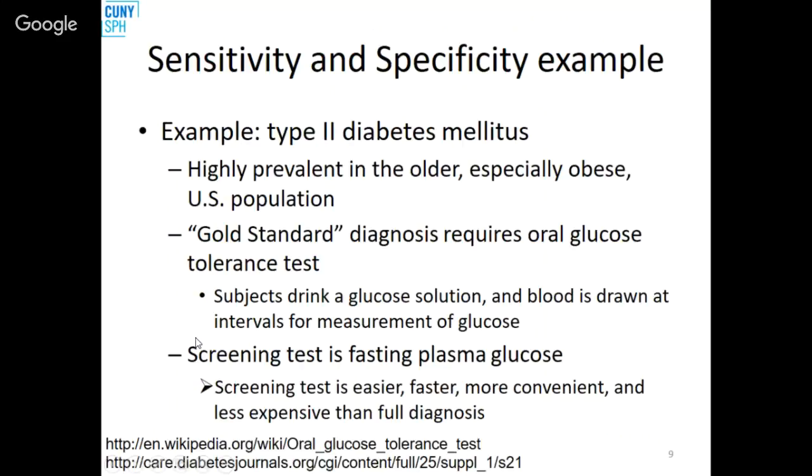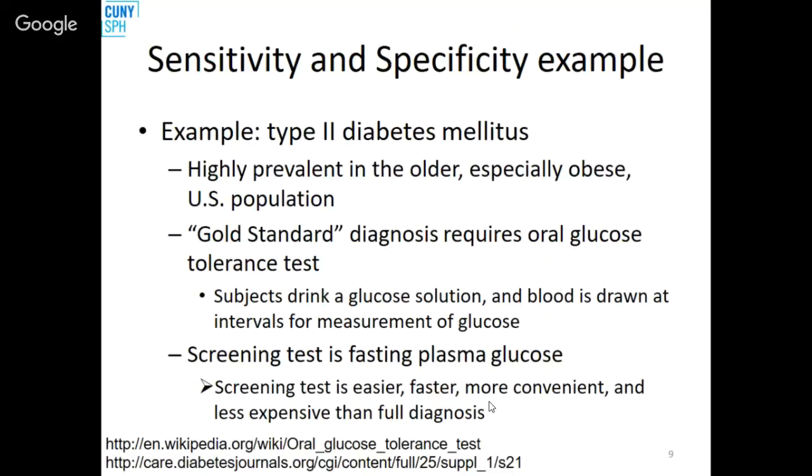There is, however, a screening test, which is fasting plasma glucose. So you fast for a period of time, you just go in, you get one test, and they measure your amount of glucose in the blood, in the plasma. So here, they don't have that initial measurement.